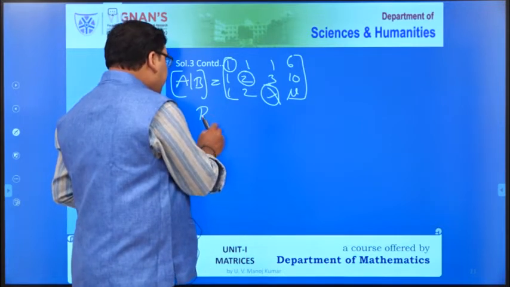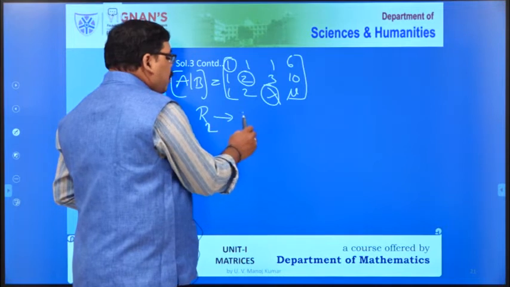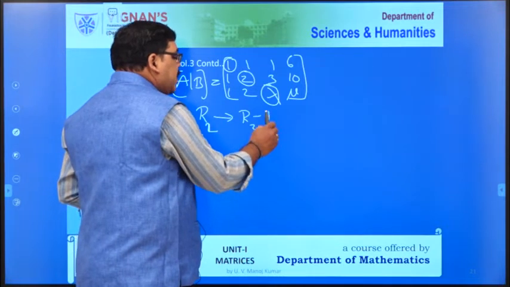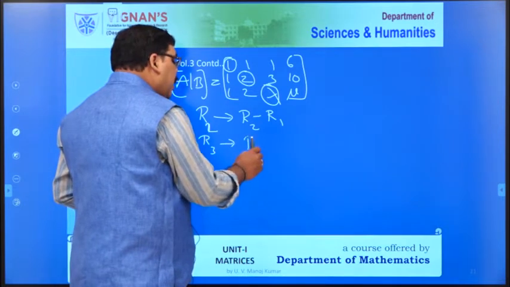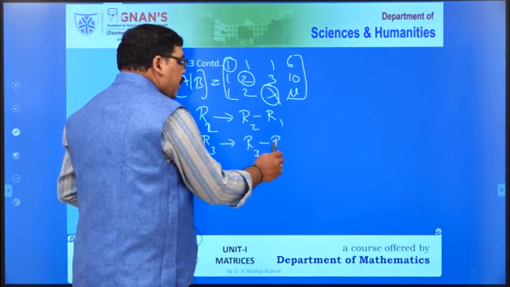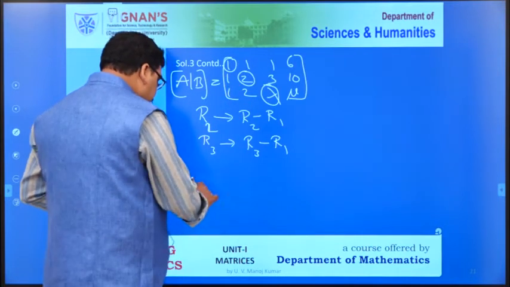So what are the row operations? R2 changes into R2 minus R1, R3 changes into R3 minus R1. See, all the first position numbers are ones, so these are simple row operations.